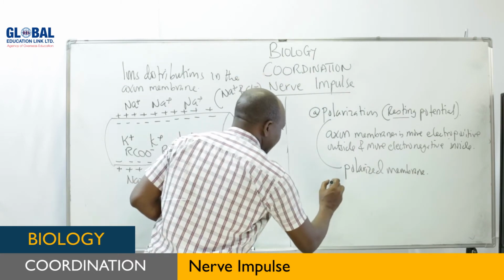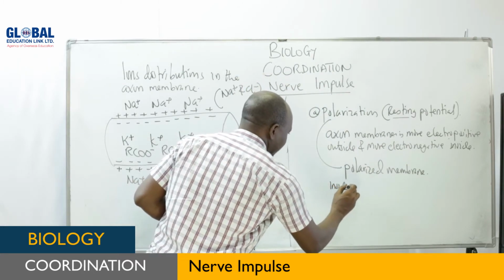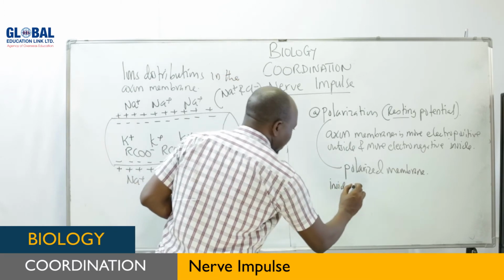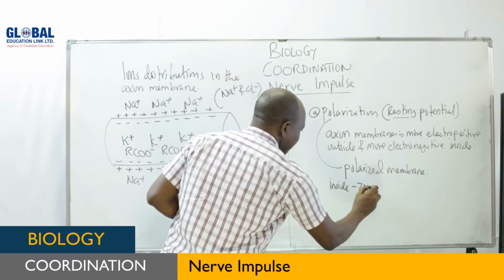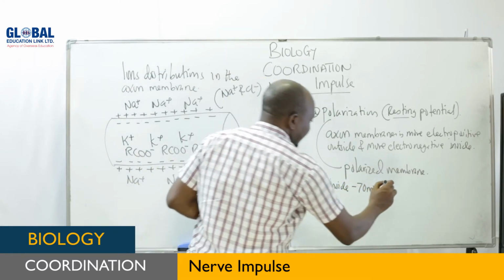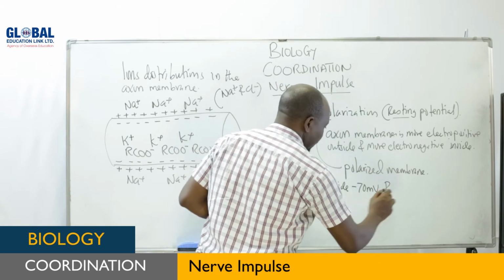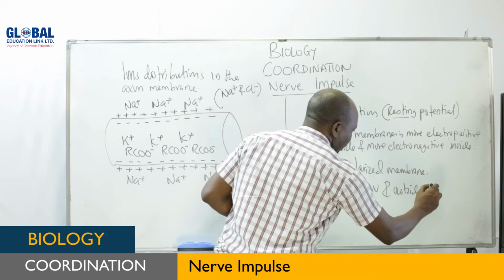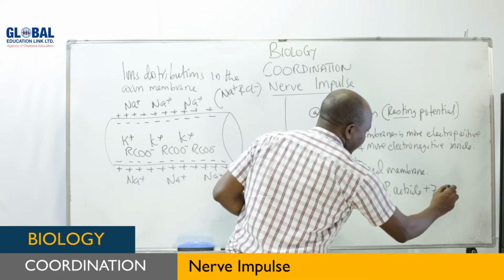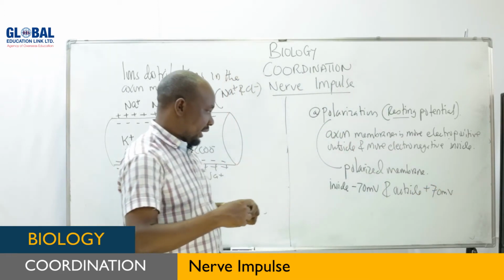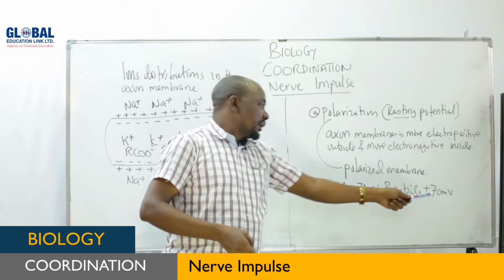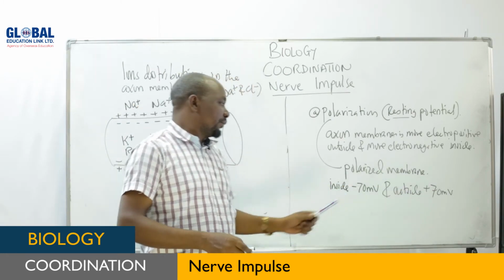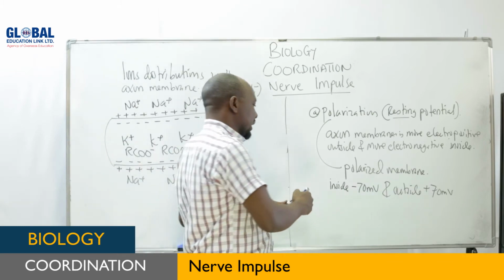The potential difference inside is negative 70 millivolts, and outside is positive 70 millivolts. Hence, the negative and the positive cancel out.